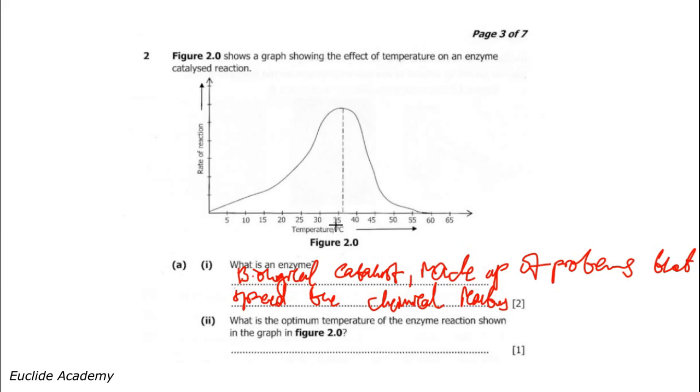So we have 35, where you're seeing the tip. Then at 36, 37, for a short period it remains the same, and then starts dropping. So probably we can go for 35 degrees Celsius. I should even probably include up to 37 degrees Celsius.